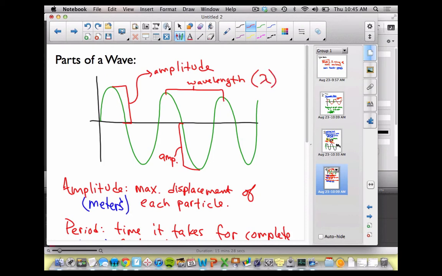I could also measure the wavelength here, from here to here. This is one wavelength. Or I could go from center to the next center that represents one complete cycle. So this is also one wavelength.